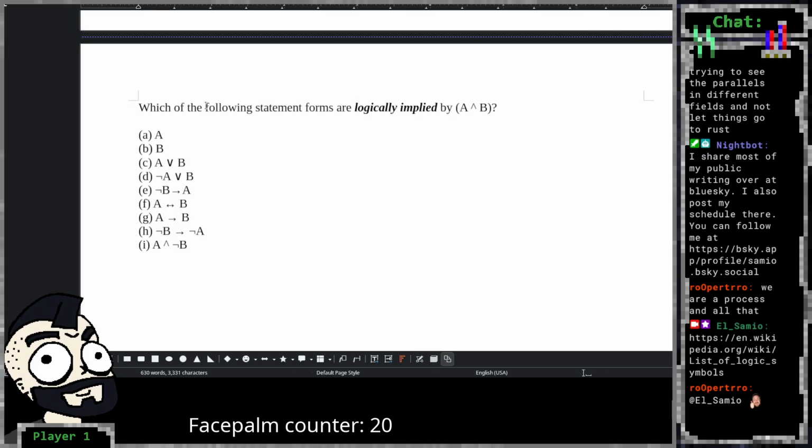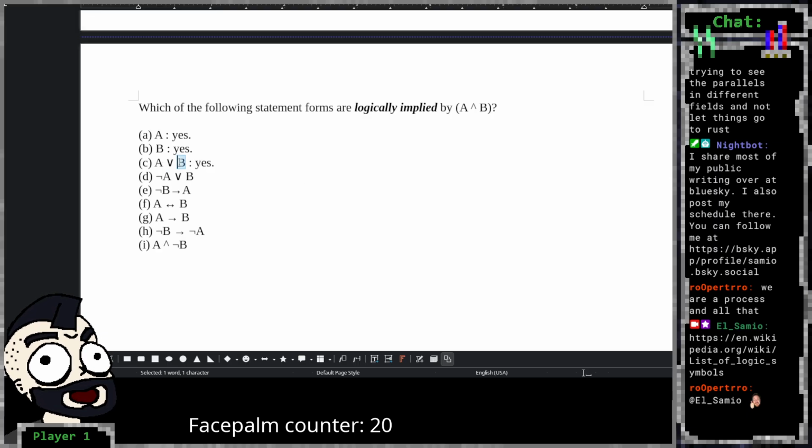So, which of the following statement forms are logically implied by A and B? A, I just saw that yes. B, I just saw that yes, by a perfectly analogous method. A and B also implies B. A or B, yes, because since A and B implies A, it implies A or B. If I already know that A is true, then this disjunction has to be true.